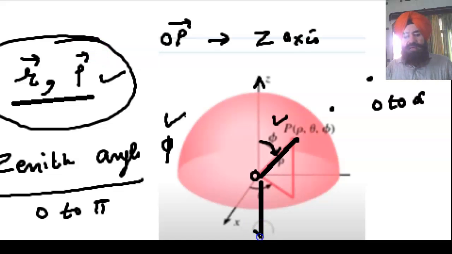If the point is here, the angle will increase. If the point is here, it will further increase. So theta can go from here to here, meaning 0 to pi.